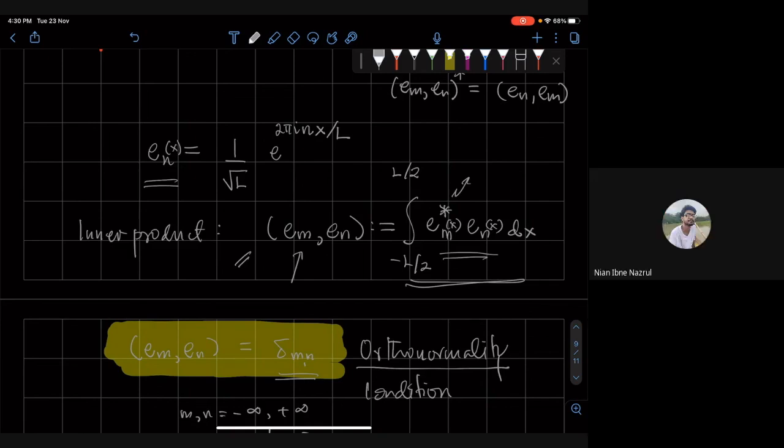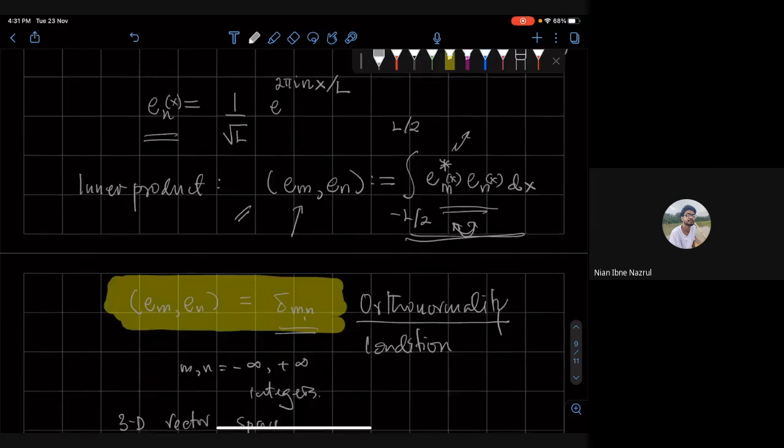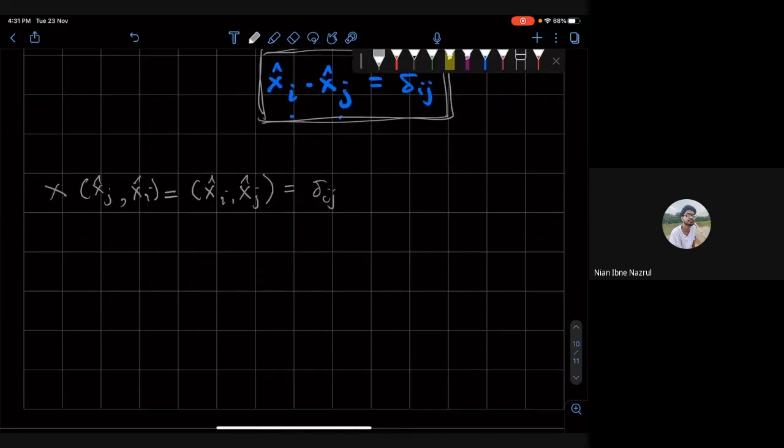Sir, is it because the integrand, like when we take E_n and E_m's inner product, the integrand becomes E_n star E_m? Exactly. So if you take the complex conjugate, these two guys switch places, right? Yeah, that's why. Okay, so inner products in mathematics are also usually defined to be like this.